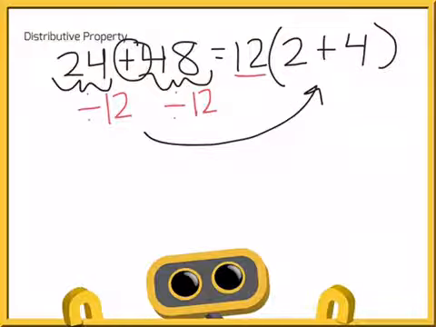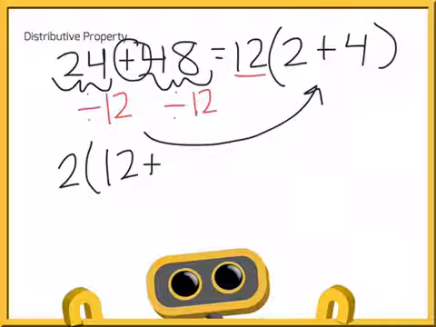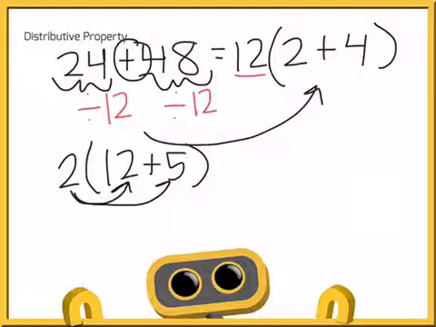So remember, distribute means to give. So if I had a problem such as 2 parentheses 12 plus 5, if I was going to use the distributive property to write an equivalent expression, I could give or distribute this outside factor to both terms inside the parentheses.